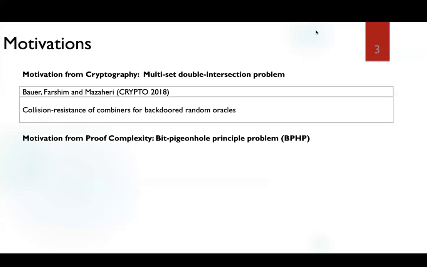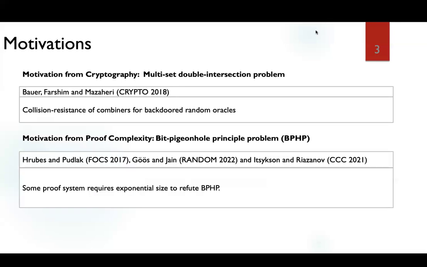The second motivation is from proof complexity. They call this problem the collision problem, the bijective pigeonhole principle problem, BPHP. And they show that the communication lower bounds for collision problems imply some proof system requires exponential size to refute BPHP.